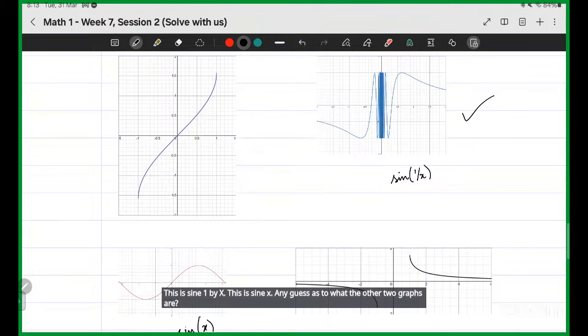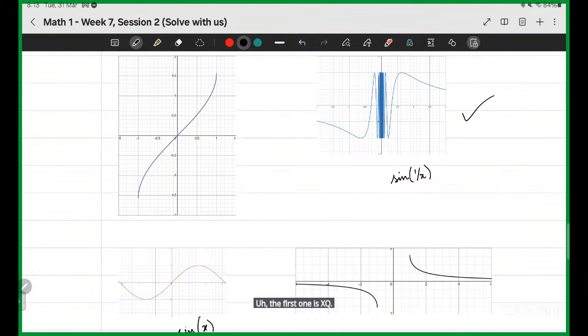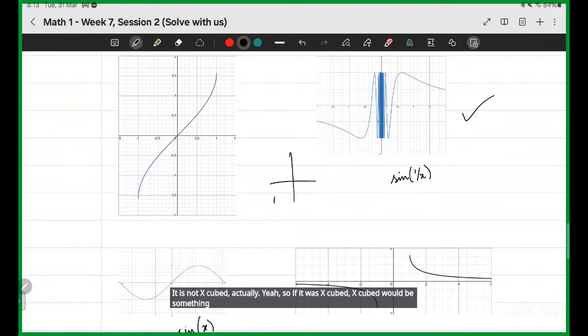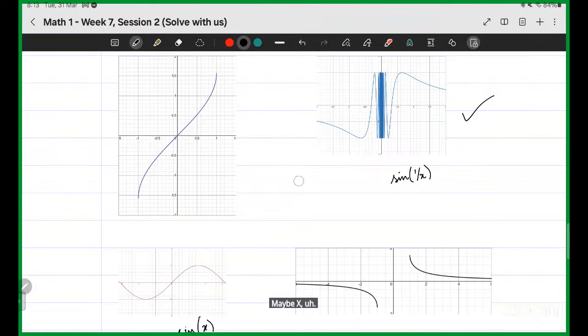The first one is x cube. No, it's not x cube, because that would be flattened at the origin. If it was x cube, it would be something like this. Maybe x power... it's actually linear.